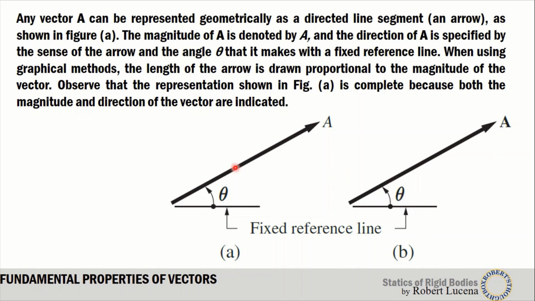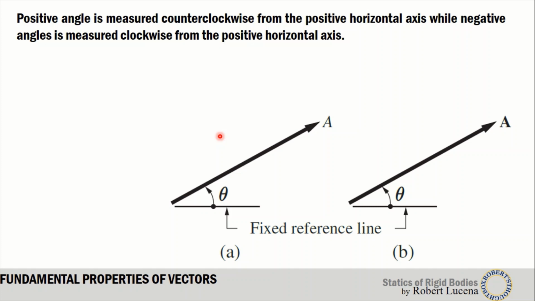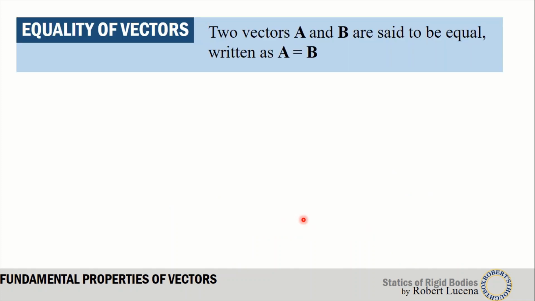So there are two ways of representing a vector here. Positive angles are measured counterclockwise to the positive axis, and vice versa, negative angles are measured clockwise from the positive axis.